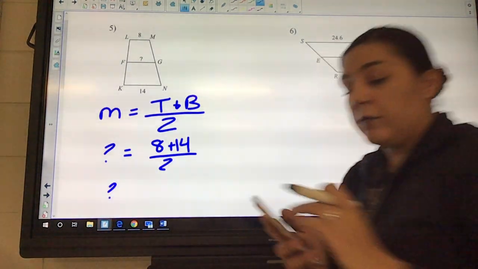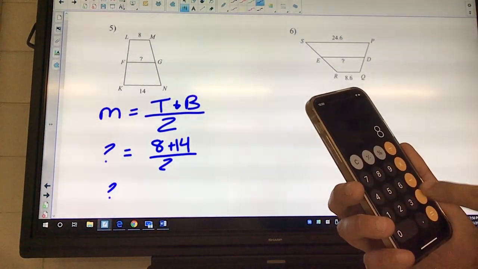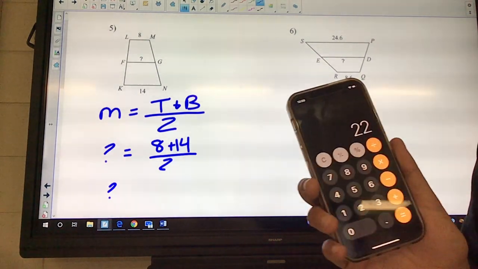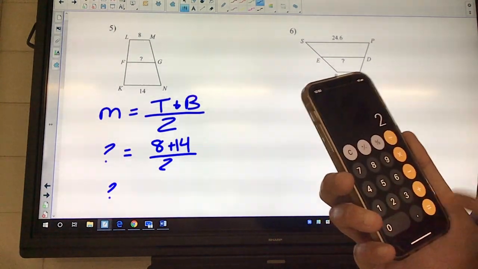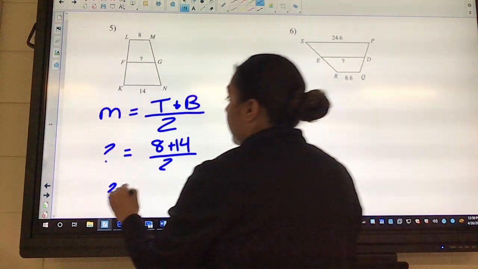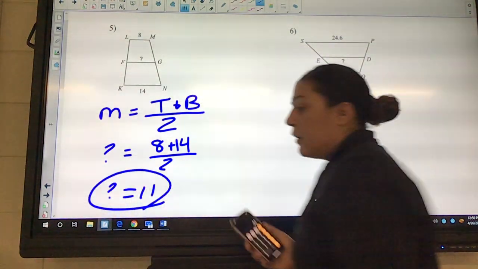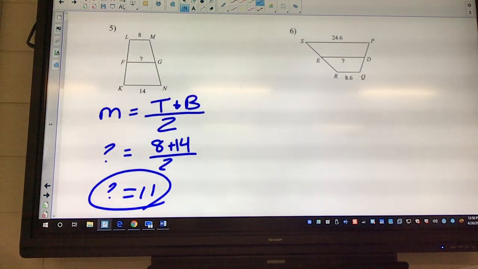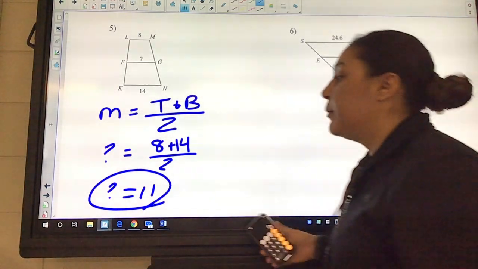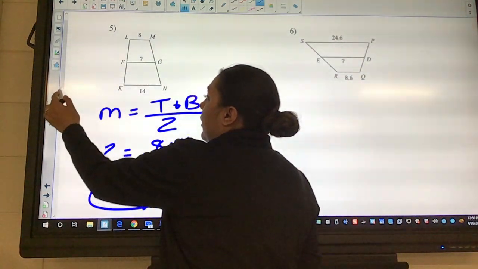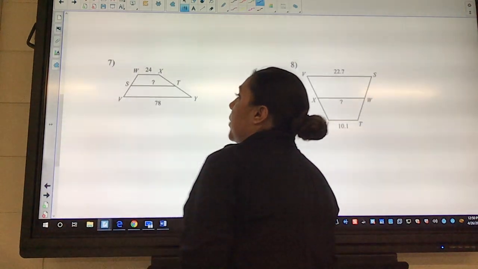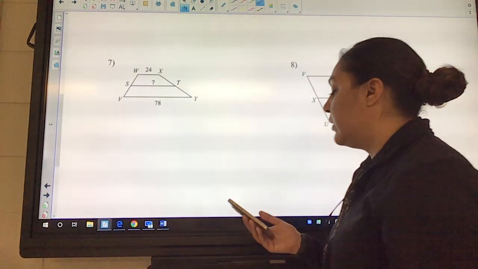On our phone, it's going to look like 8 plus 14, and then divided by 2, which is 11. Even on your phone, they're very short, simple, easy problems. It's nothing extensive. If you need to pause because I'm going too fast, please feel free.